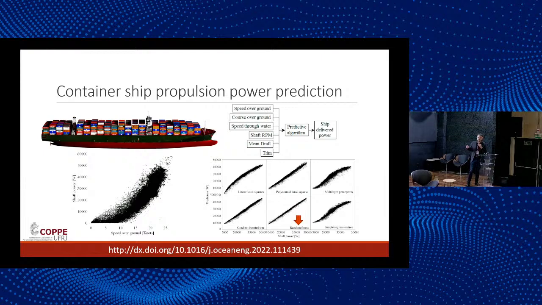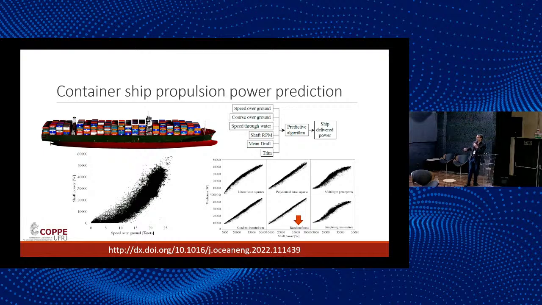It is interesting to be able to predict anomalies during the operation of a ship. So you can predict overconsumption, for instance, and try to track down why and solve the problem during the operation of the ship.